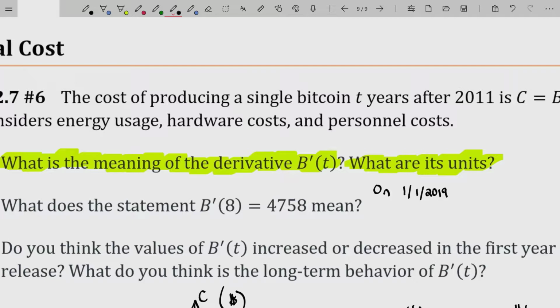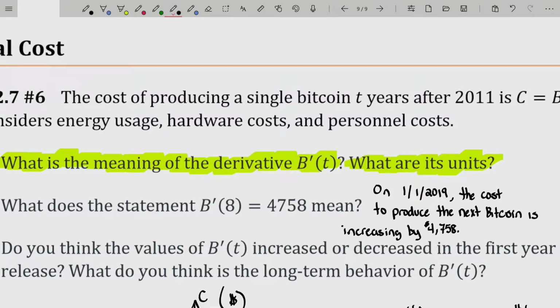It means that the price of producing a Bitcoin is increasing at $4,758. So to produce the next Bitcoin, it will cost that much more. Now, this does not mean that it's actually going to cost that much more to produce the next Bitcoin, but it's at that moment predicting that it's going to cost that much more.